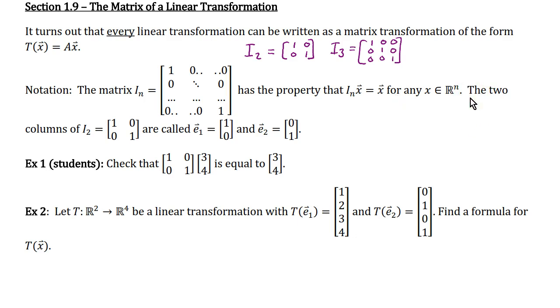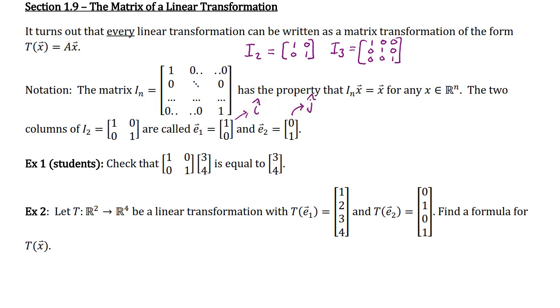So the two columns have special names. We call them E1 and E2. Now, you might notice that that's the same thing that you call the vector 1, 0, you call it i hat in physics sometimes and in calculus 3 sometimes. And the vector 0, 1 is what you call j hat.